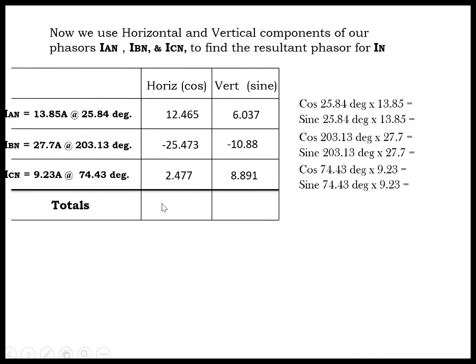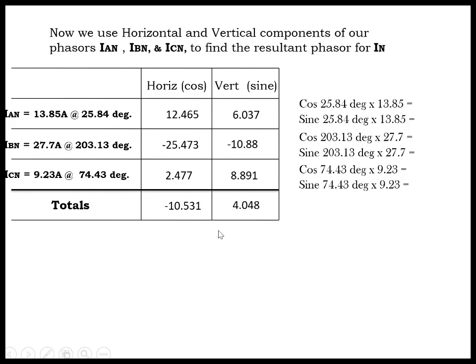In this case, the total horizontal is going to be minus 10.53. For the vertical, the positive vertical is going to be the bigger part. So the 8.89 plus 6.037 minus 10.88 will give me the vertical side of 4.048.